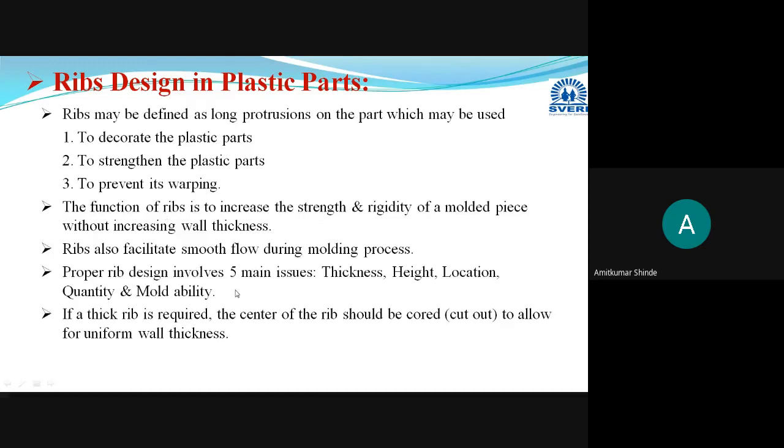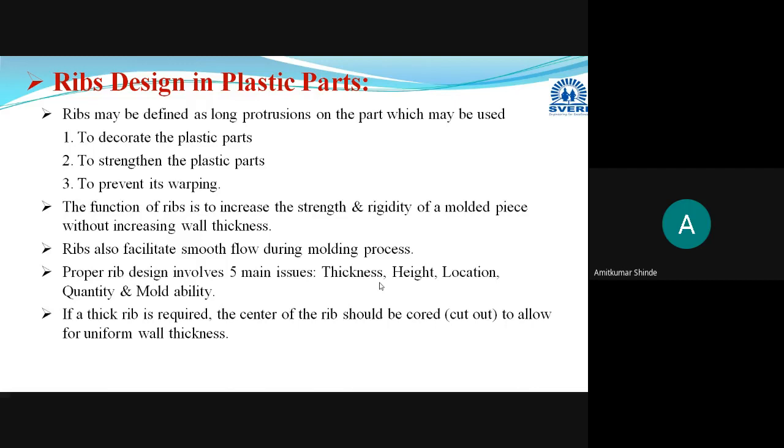Okay, then now, while designing the rib in any plastic part, you have to take into consideration five main issues. Those five points will be like this. First, you have to take into consideration the thickness. What thickness you are going to use for that particular rib?